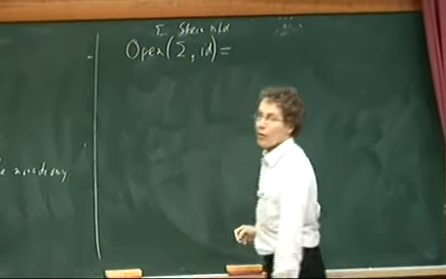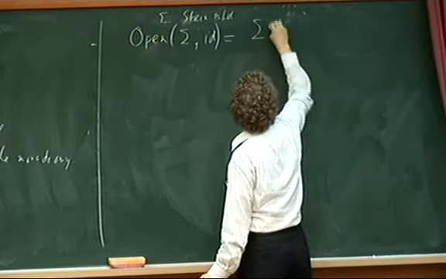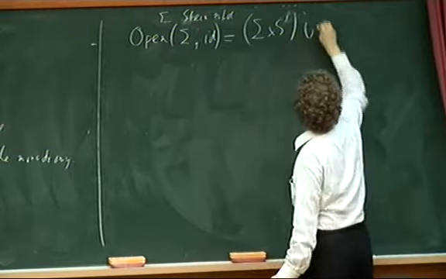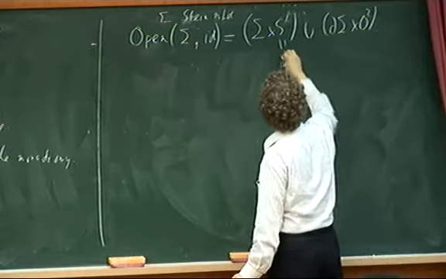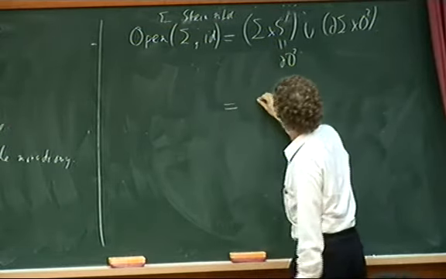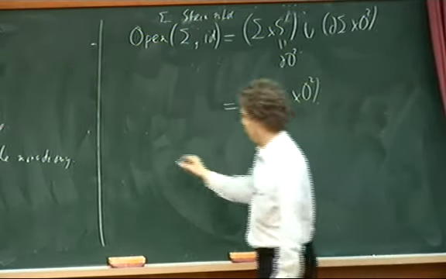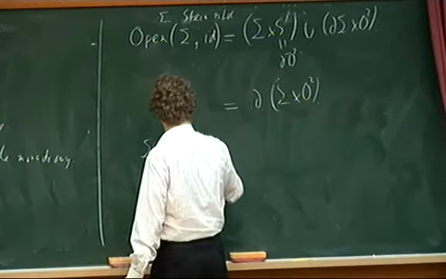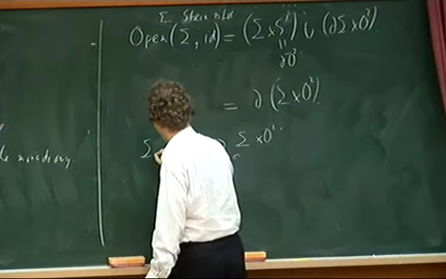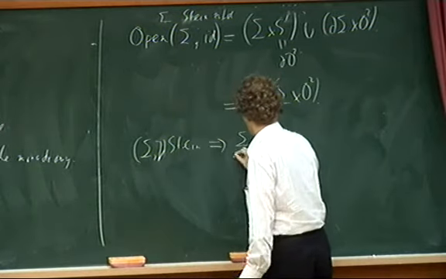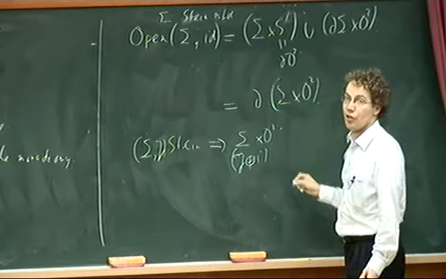By definition, at least the definition I gave, this is Σ times S^1 union ∂Σ times D^2, where S^1 is the boundary of D^2. So we can also write this as the boundary of Σ times D^2. Now observe that if Σ is Stein with some complex structure J, then here we have the complex structure J plus i. So this is Stein, actually subcritical Stein.